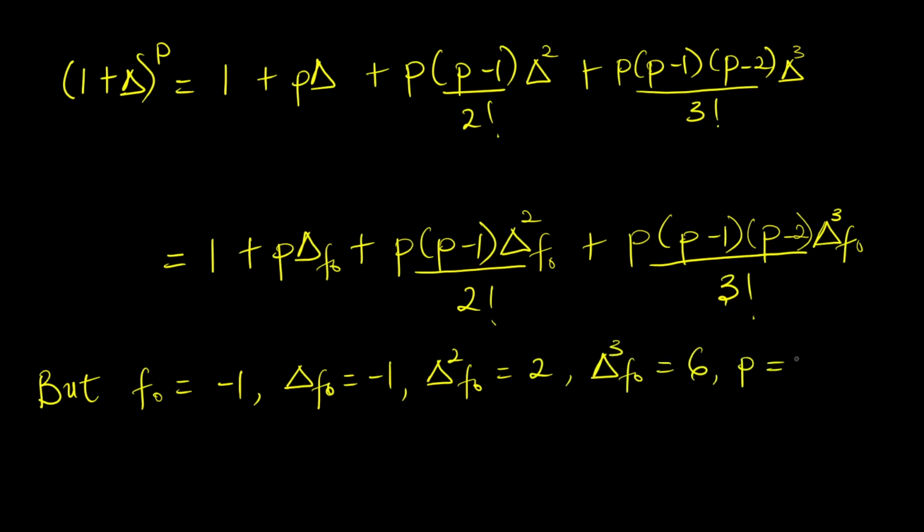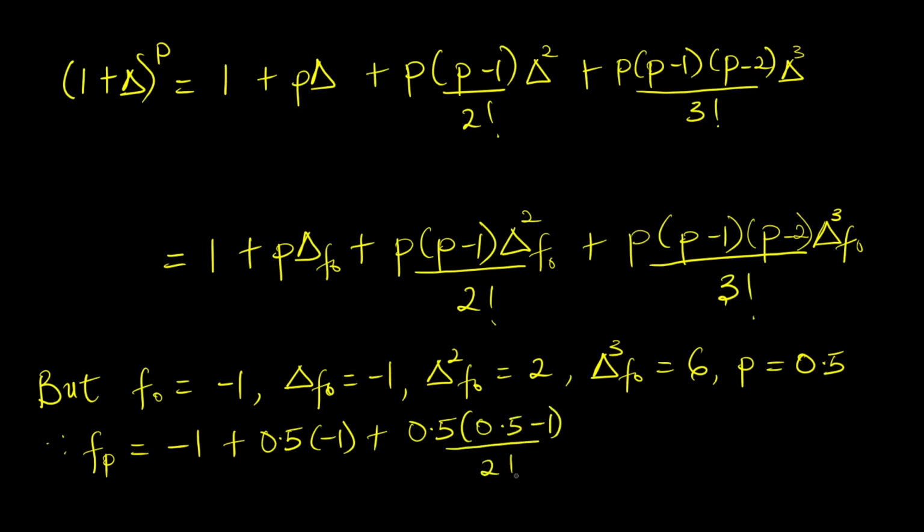Recall that our p is equal to 0.5. So if we substitute, we are going to have that our f of p will be equal to minus 1 plus 0.5 into minus 1 plus 0.5 into 0.5 minus 1 all over 2 factorial multiplied by 2 plus 0.5 into 0.5 minus 1 times 0.5 minus 2 multiplied by 6 all over 3 factorial.